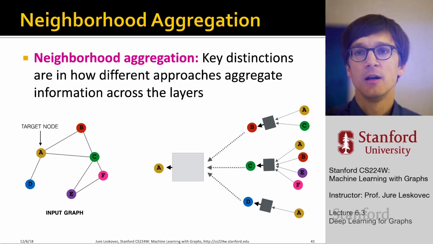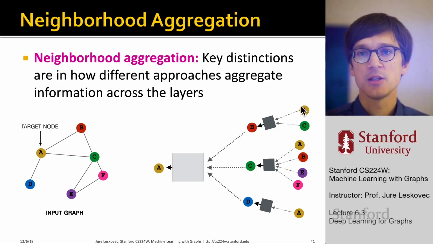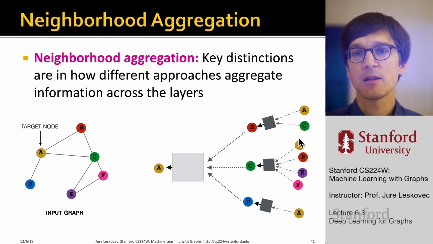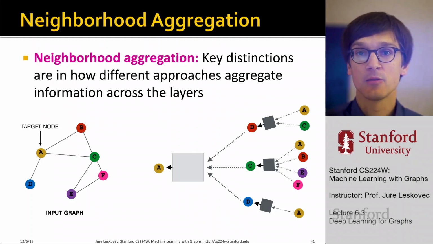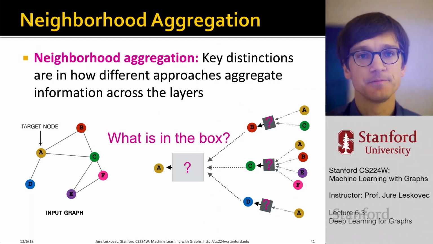We want the result to be always the same, because it doesn't matter whether node B has neighbors A and C or C and A. It's just a set of elements. So we should always get the same result. So the neighborhood aggregation function has to be order invariant or permutation invariant.